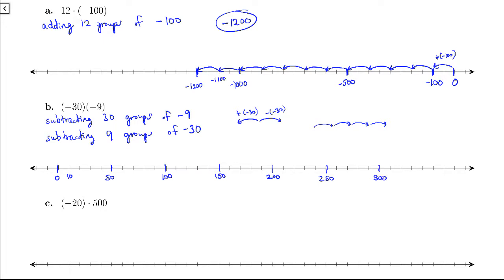And I actually, in fact, want to move this over.